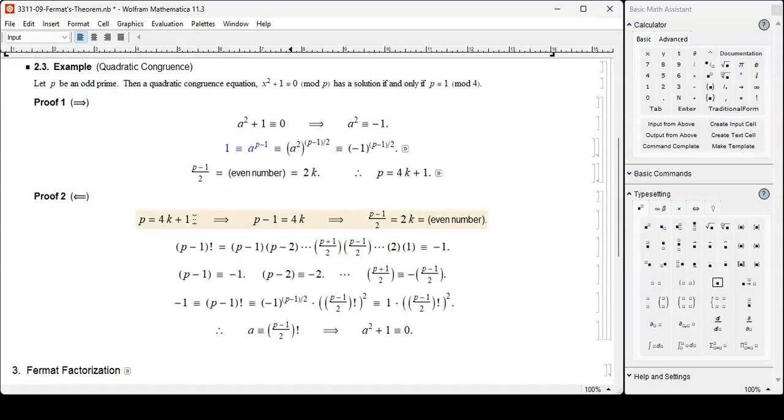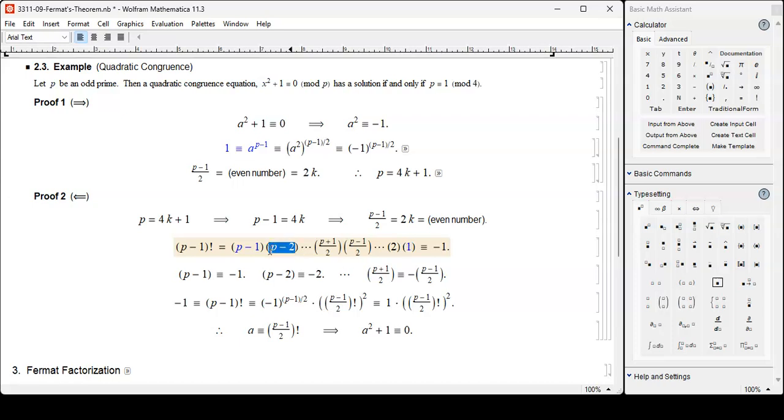Okay, if p is congruent to 1 mod 4, then it has the 4k plus 1 form, so p minus 1 is 4k, so p minus 1 divided by 2 is an even integer, 2k. And then let's apply Wilson's theorem. P minus 1 factorial is congruent to -1. Now, let's pair up like this. P minus 1 versus 1, they add up to what?